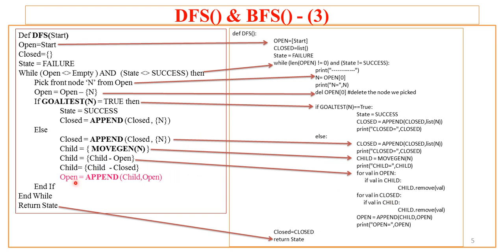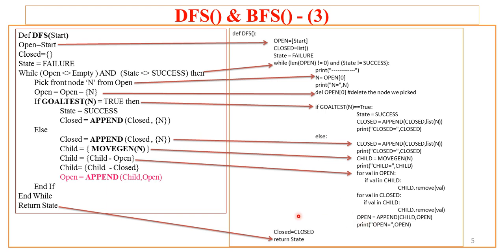Now this last step of the else, that is append the child elements at the beginning of the open, is done by calling the append function, specifying child as the first argument and open as the second argument.